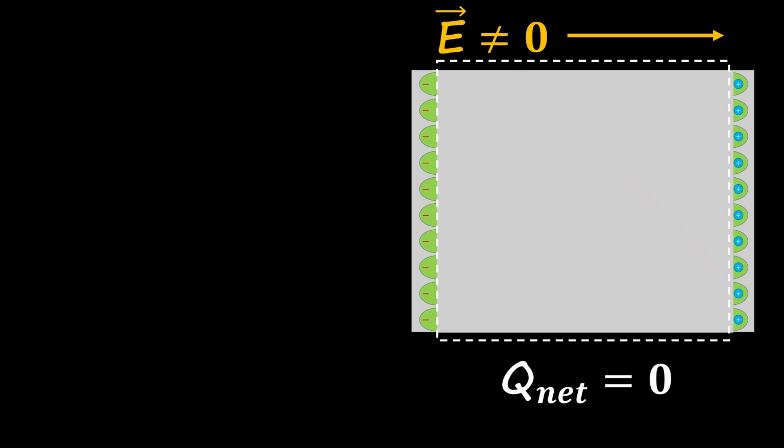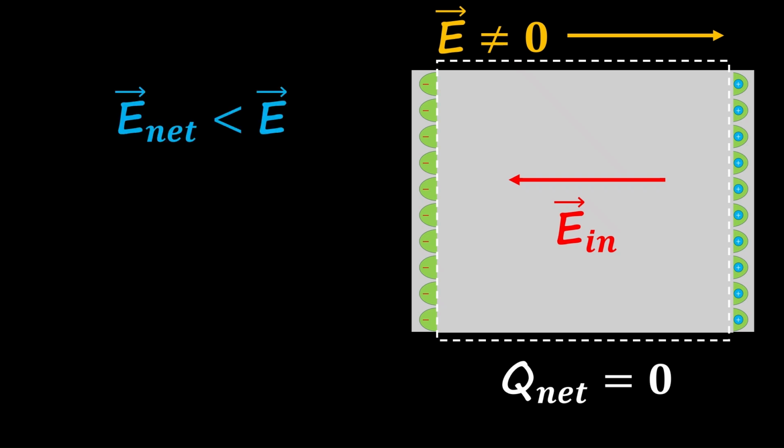On one side it is negative and on the other side it is positive. Because of these induced charges, it will generate an internal electric field which is opposite in direction to the external electric field. So inside this dielectric medium, the net electric field will be lesser than the external electric field because the induced electric field is in the opposite direction.